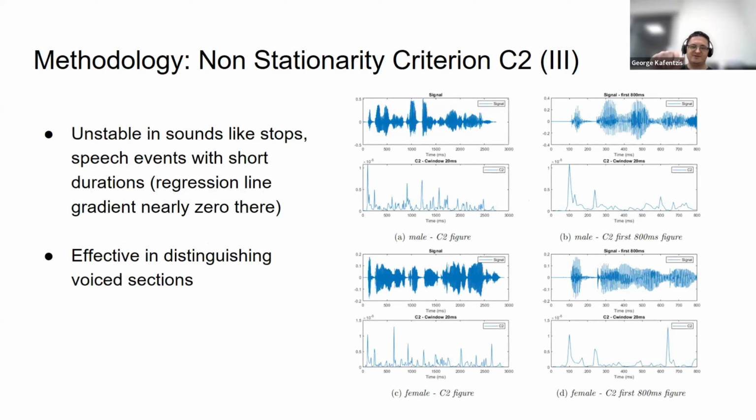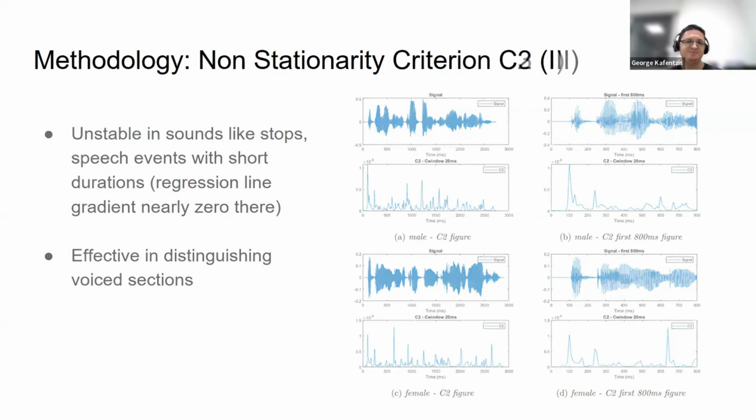We see that the C2 criterion is unstable in sounds like stops or speech events with short durations, but it's effective in distinguishing voiced sections, the transitions between voiced sections. It's also less noisy in voiced sections compared to criterion C1.